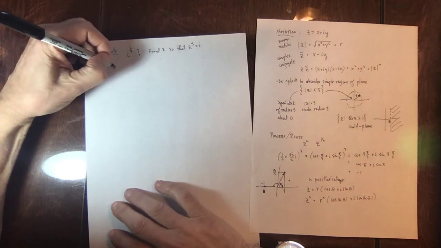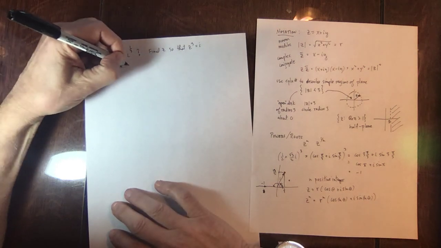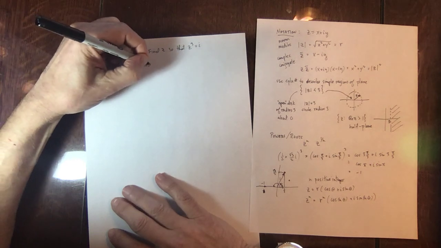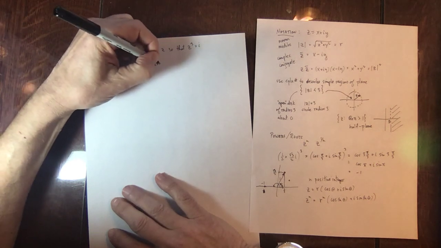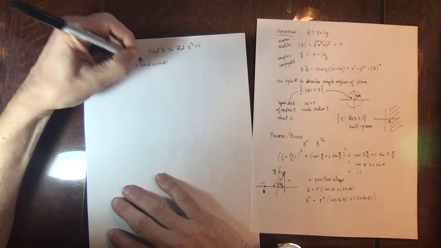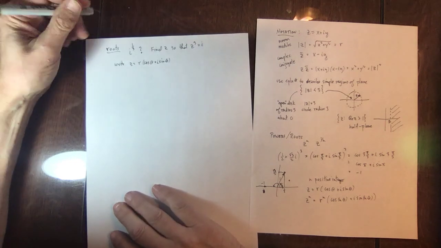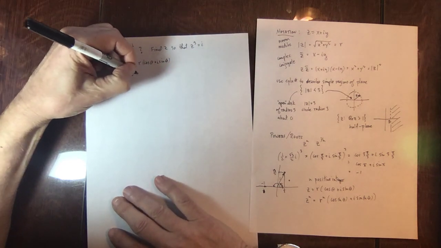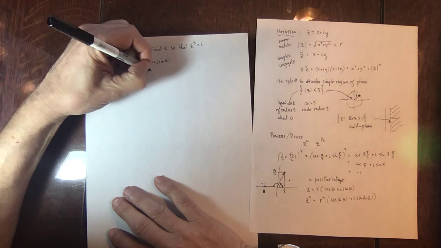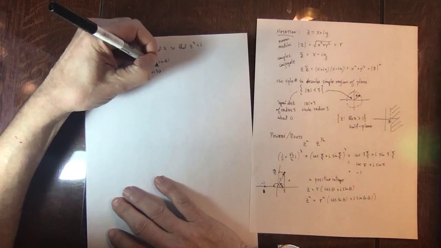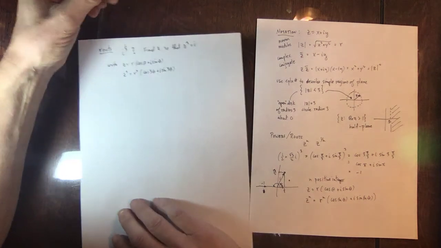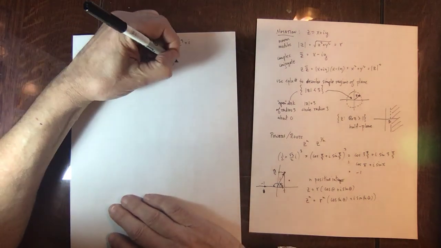Okay, so let's write z as r(cos theta plus i sin theta). And I have to figure out what's r, what's theta. Well, so what's z cubed? z cubed is r cubed (cos 3 theta plus i sin 3 theta). And that's supposed to equal i.